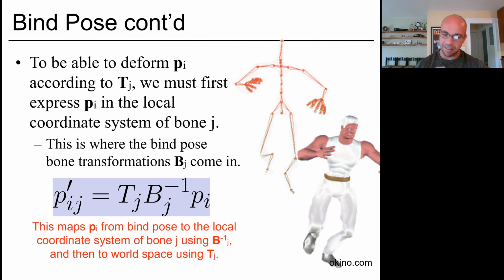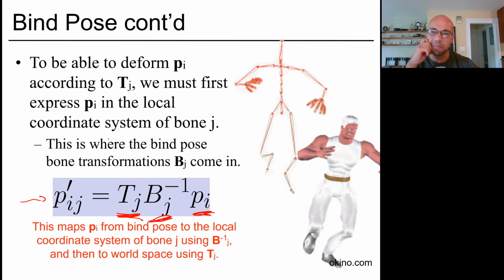That leads us to a formula like this. Here I take Pi, that's in the coordinate system of the triangle mesh. I write it in the coordinate system of the bone in the rest pose, because that's what the triangle mesh is in. And now I compose stuff in the other order to get this Tj. That's what's going to give us the final Pij prime.